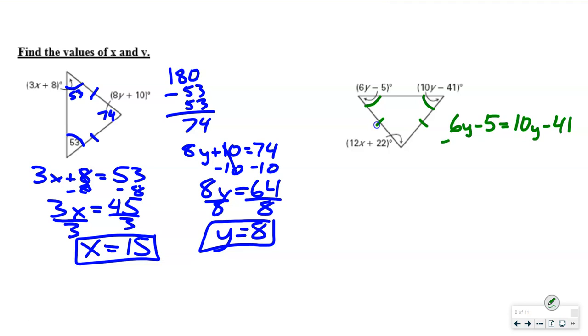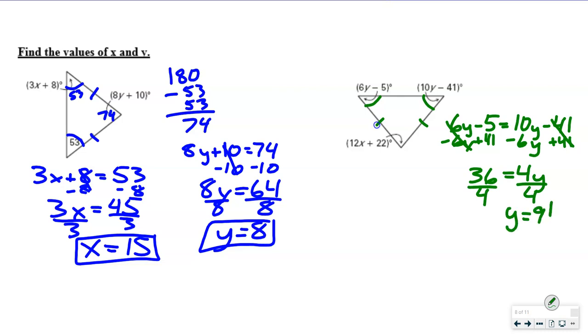I will subtract 6y on both sides and add 41 to both sides. So 10y minus 6y gives me 4y, and negative 5 plus 41, or 41 minus 5, will give me 36. So then divide by 4, and y equals 9.